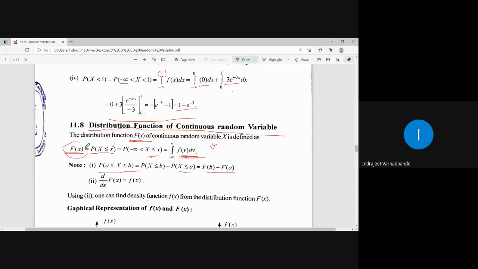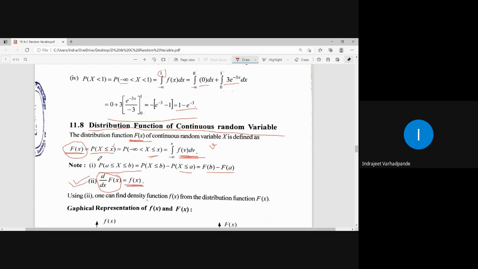Capital F of x is the notation which is used for the distribution function. Small f of x is the notation which is used for the probability density function or the probability function. And the derivative of this capital F of x is small f of x. Note, this is very important.